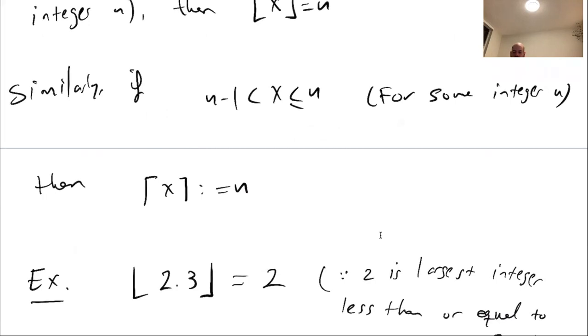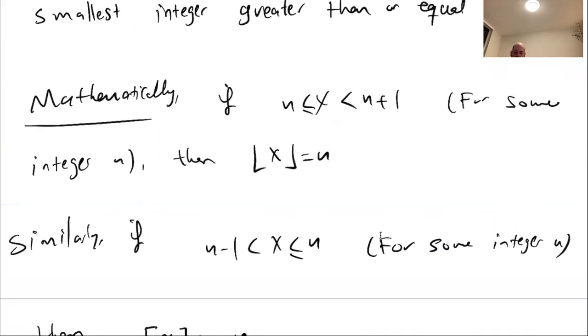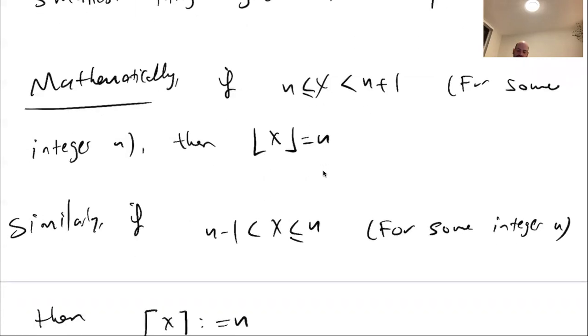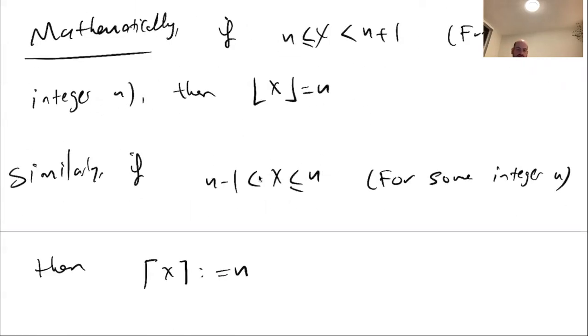Okay, so my starting point could be, it's up to me. I can start with an integer n satisfying this property, or I can start with an integer n satisfying this property. But here, I'm going to start with an integer n satisfying this property. Why?